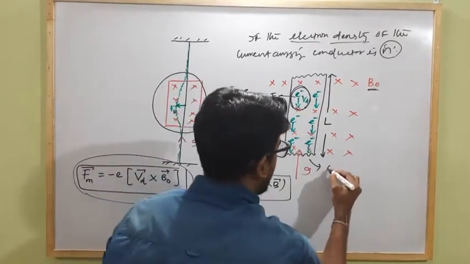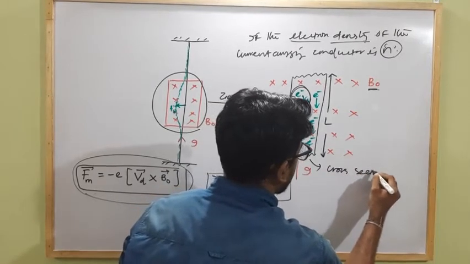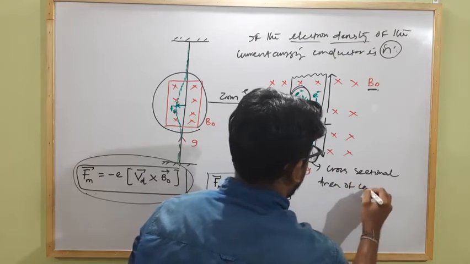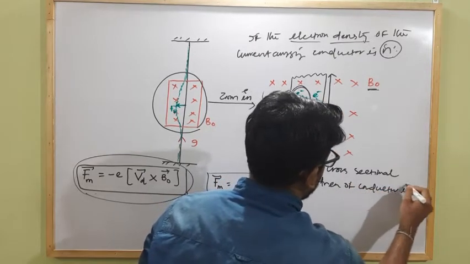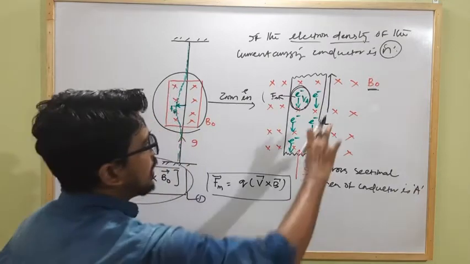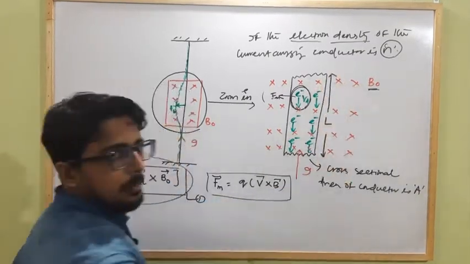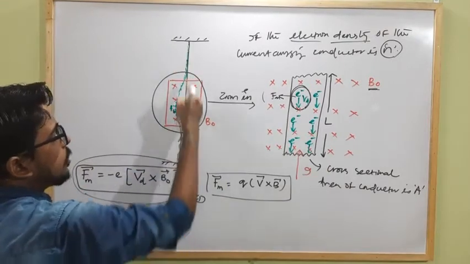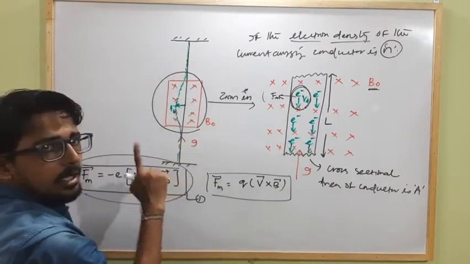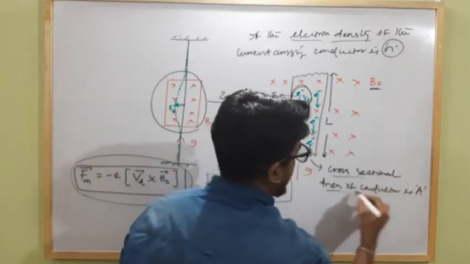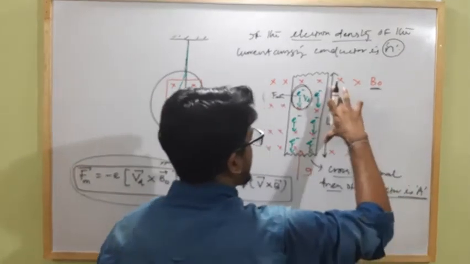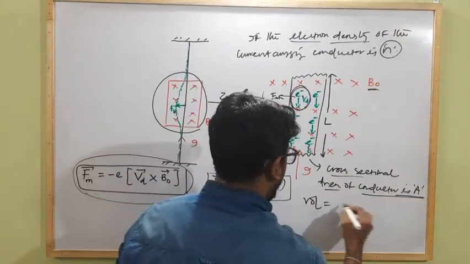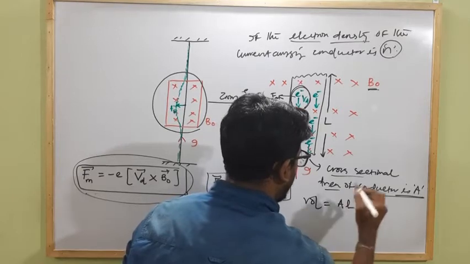Here the cross sectional area of the conductor is A, and the length of this segment is L. This is a uniform current carrying conductor, so throughout the length the cross sectional area will remain the same. So the cross sectional area of the conductor is A, its length is L. So what is the volume of this segment? Volume equal to area into length, that is AL.